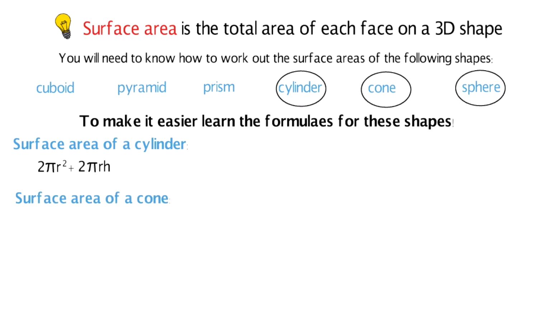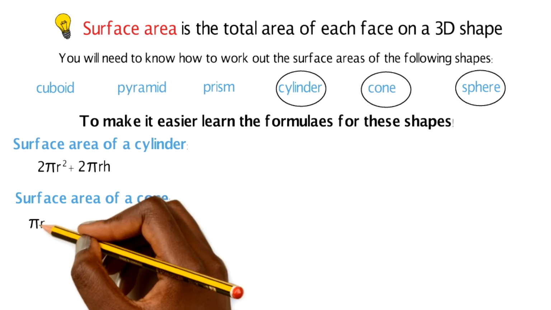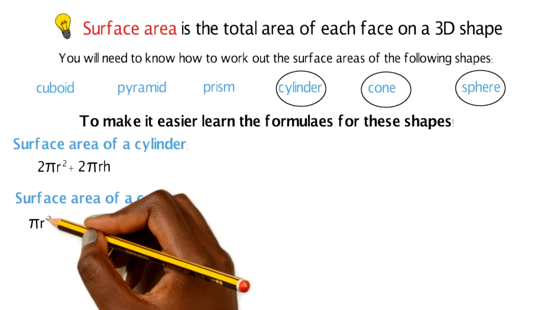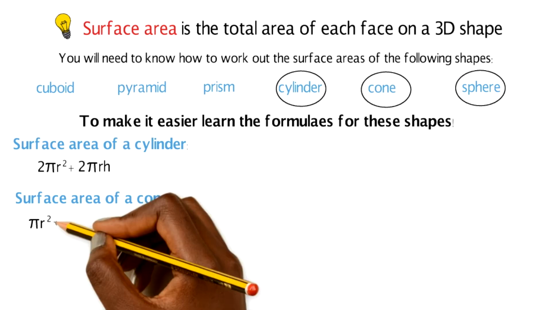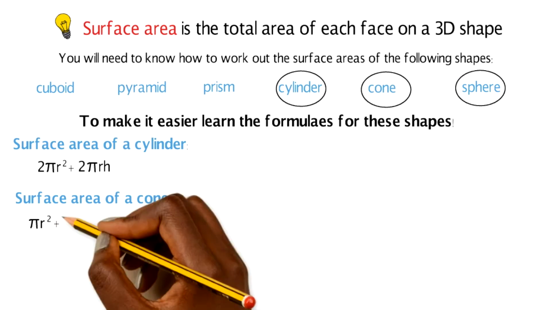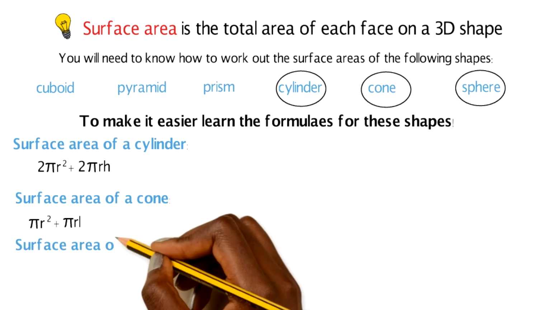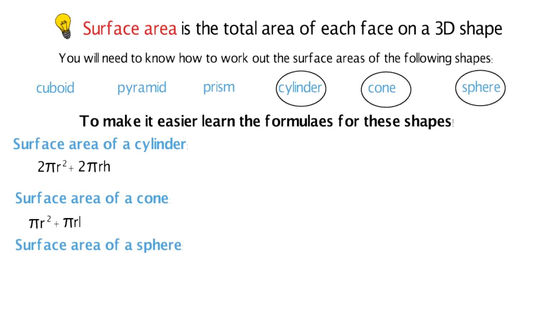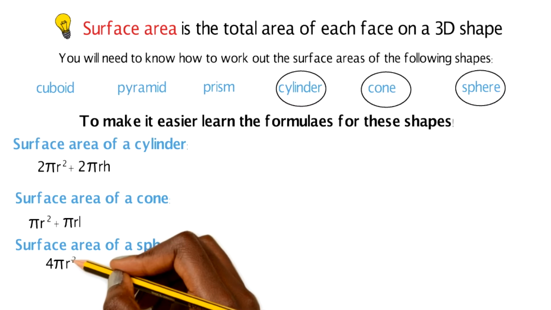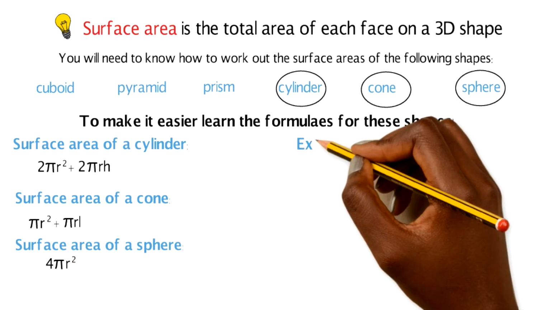And then the surface area of a cone is pi r squared again, because if you think about your cone, it has the circle shape on it as well, and then that's added to pi r l. And then with your sphere surface area, it is 4 pi r squared, and that's it.